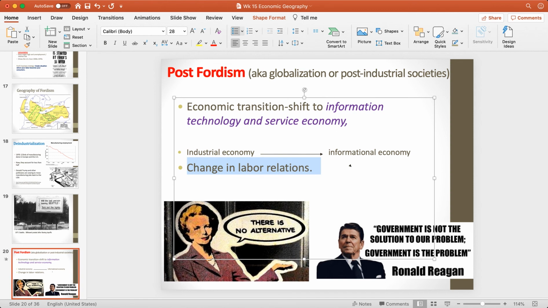So there weren't the benefits. The transition from Fordism to post-Fordism, from manufacturing to globalization, led to workers not having as much power in terms of wage growth, benefits, etc.